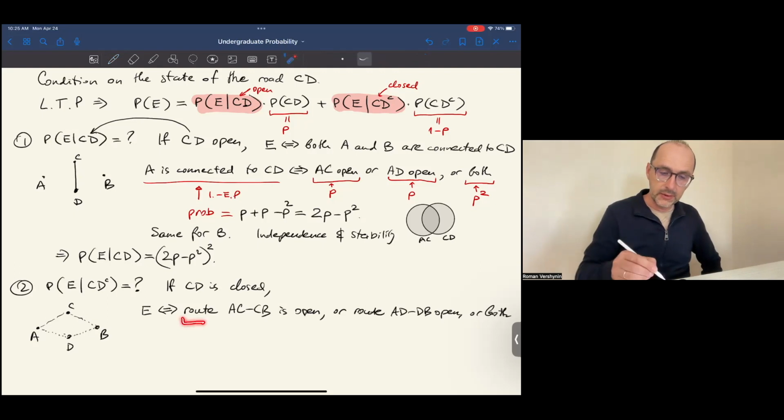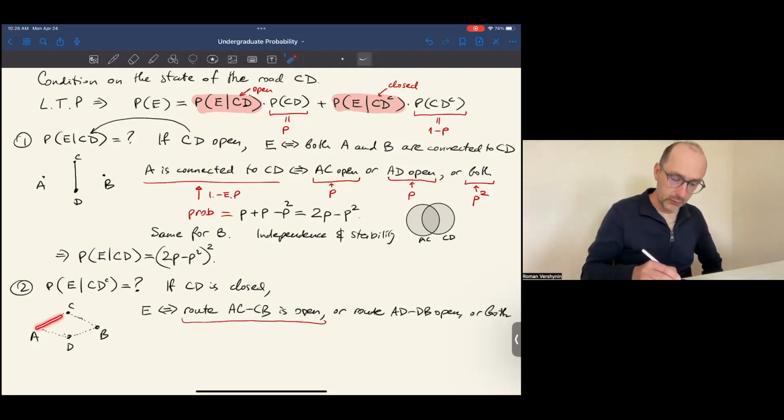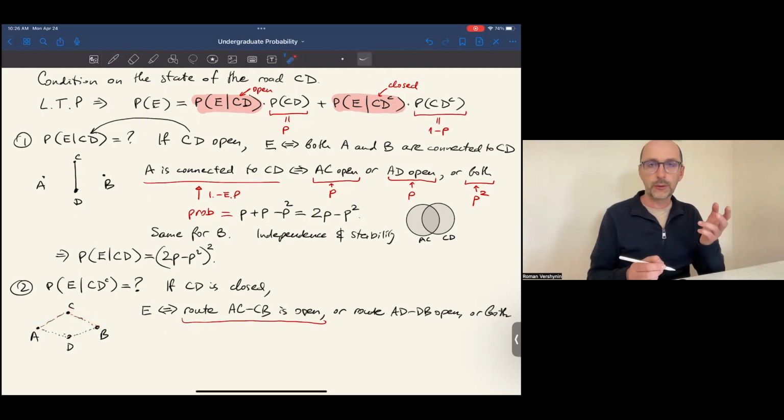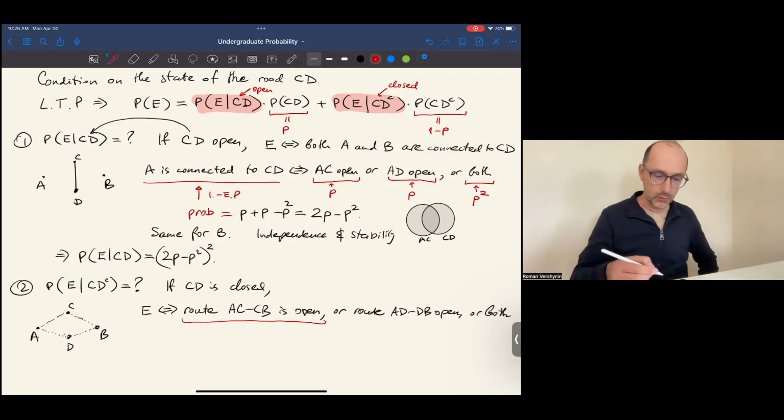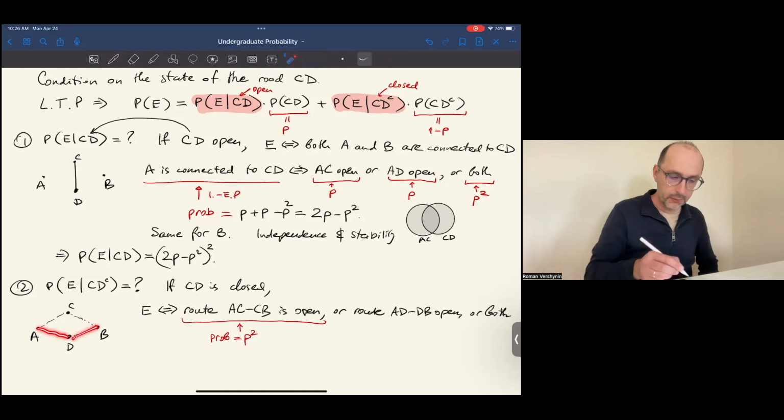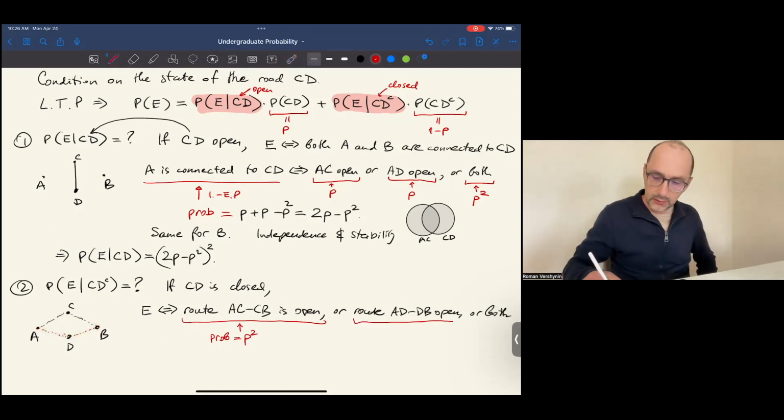What is the probability that the route ACCB is open? For that, we need both roads to be open, road AC and road CB. Each is open with probability P, and they're independent. Therefore, the probability that both are open, the probability of the intersection of the two openness events, is P times P, or P squared. We can argue the same for this route. This probability is also P squared.